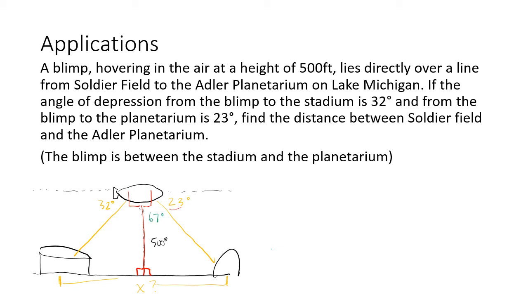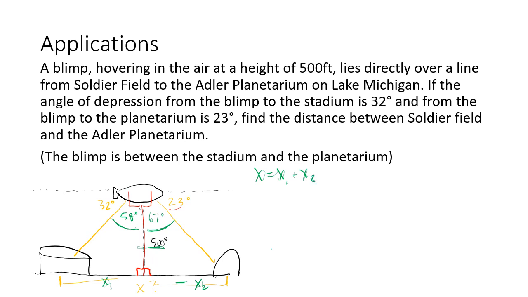And the complement to 32 degrees is 58 degrees. And so now you can say, with respect to this 67-degree angle, I know the adjacent side, it's 500, and I don't know this opposite side, which we'll call x2. And with respect to this 58-degree angle, I know the adjacent side, but I don't know the opposite side, which we'll call x1. So if x is equal to x1 plus x2, then all I need to do is find what x1 and x2 would be.